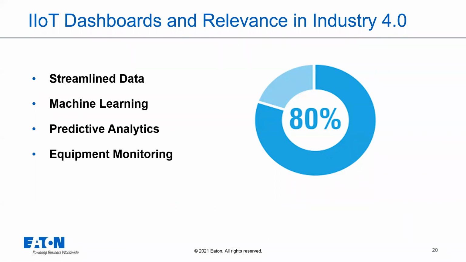For any modern manufacturing and engineering industry complying with Industry 4.0, some of the most important requirements in the plants are usually streamlined data, machine learning, predictive analytics, and equipment monitoring. That's what you want in your system, right?